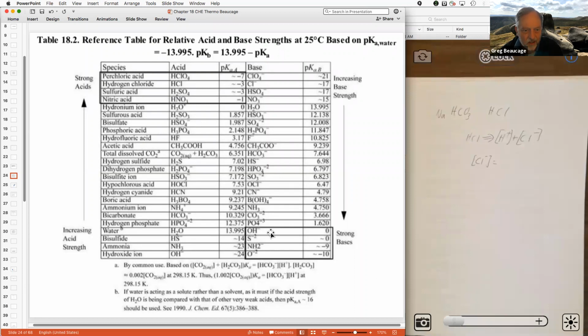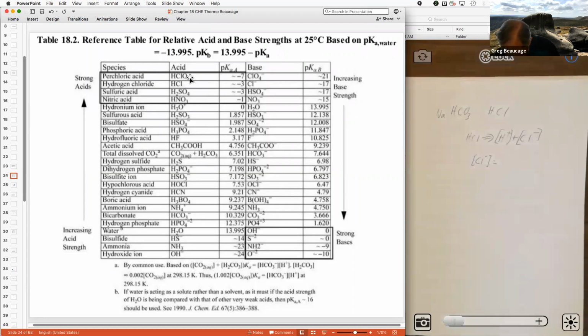Same with the strong bases, like OH minus from NaOH. It's just going to totally dissociate. These sulfates and all these things will just dissociate. Amines are more acidic than water, so in that case water rules, they totally dissociate, and water buffers the thing. Water's like the salt that buffers it.